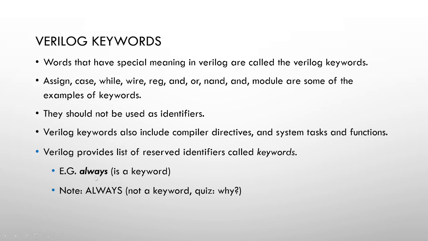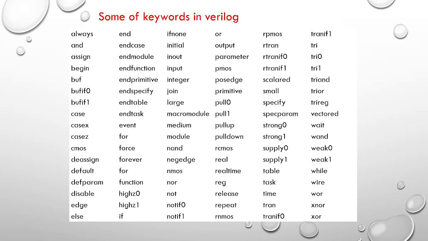Verilog also provides a list of reserved keywords. These are some of the keywords in Verilog, not all of them, like always, end, module, endmodule, and endfunction. Function is also a keyword, and then task.